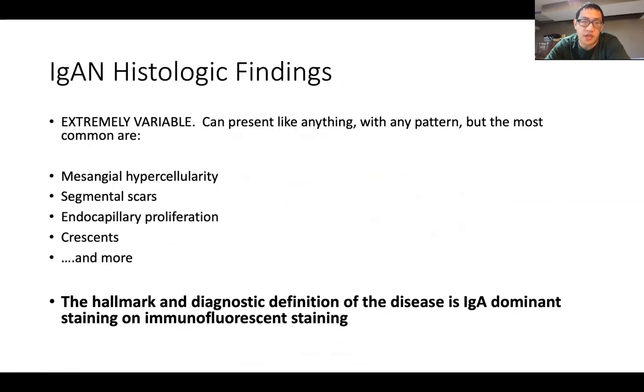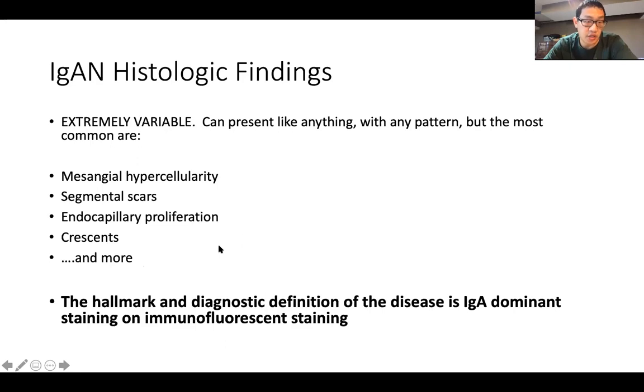But I would say the most common findings of IgA are these, and there's actually a scoring system designed for them. So mesangial hypercellularity, segmental scars, endocapillary proliferation, crescents. There can be a lot more. There can be MPGN patterns, there can be TMA patterns, there can be all sorts of weird stuff. But these are kind of like the most commonly found things.